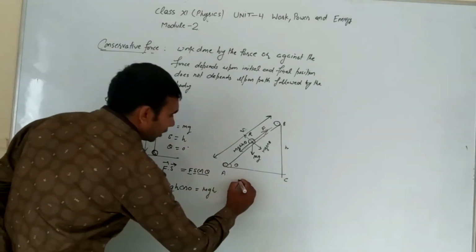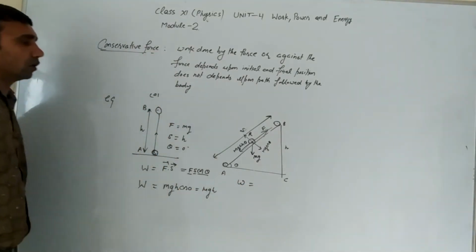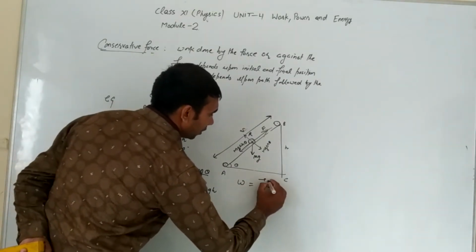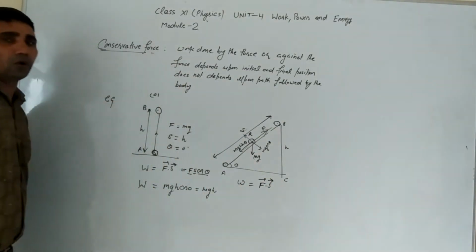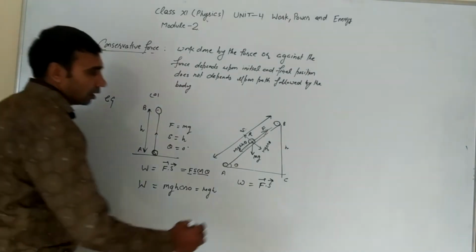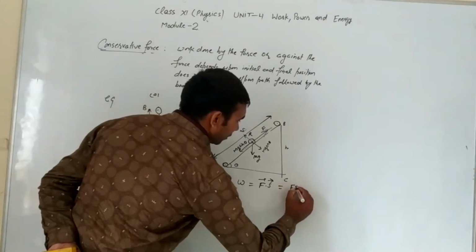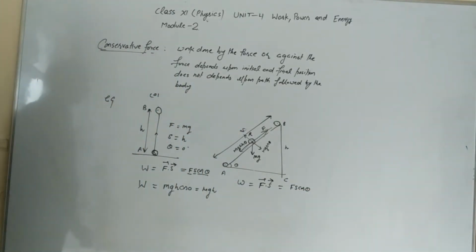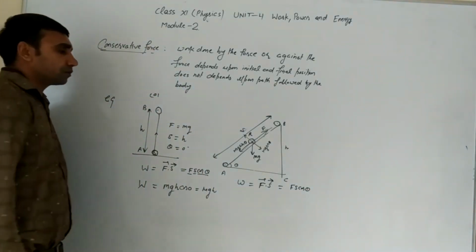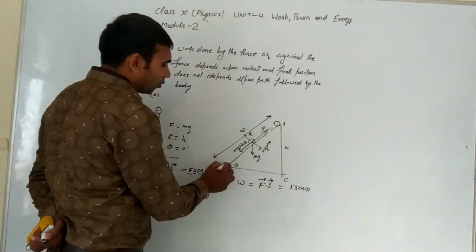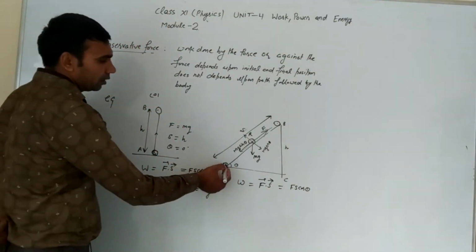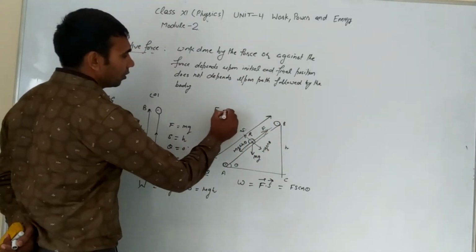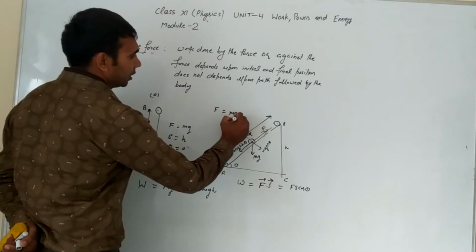Therefore, work done W is equal to F dot S. F dot S can be written as Fs cos theta. Now, the force applied to move the body from point A to B, F, is equal to Mg sin theta.